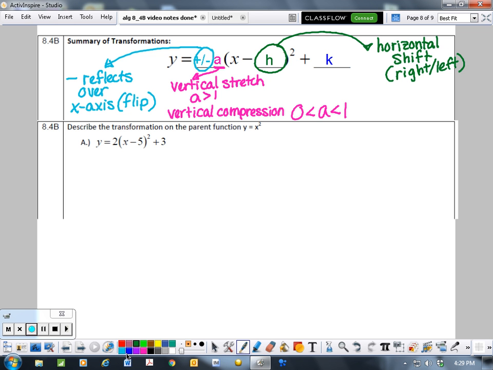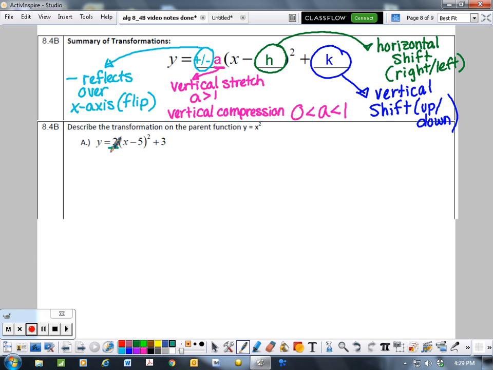And then this K is what moves us up and down, and that is a vertical shift. And so we use this to describe mathematically what is happening to our graph. And so these are our key terms. So we're going to use this as we go on.